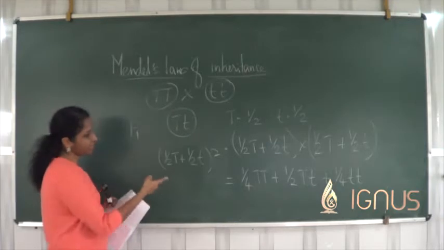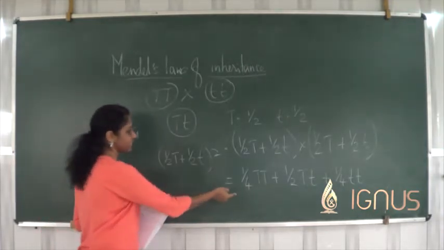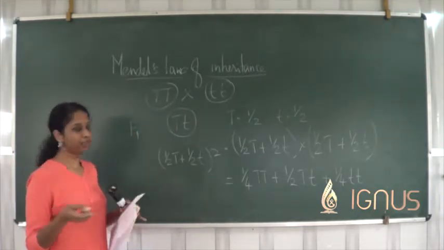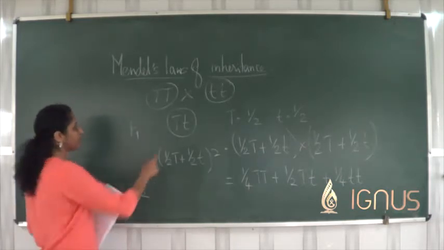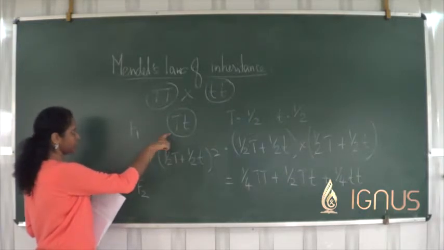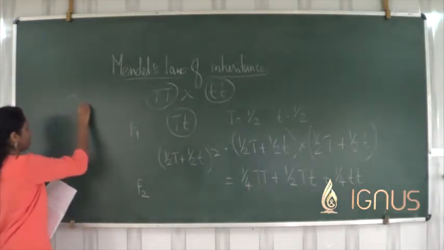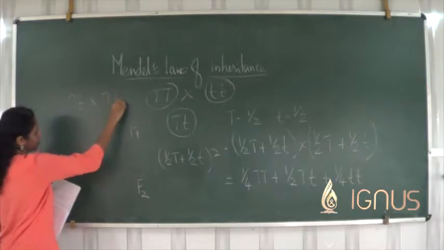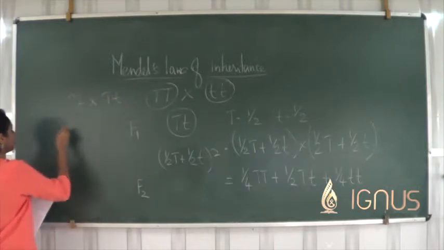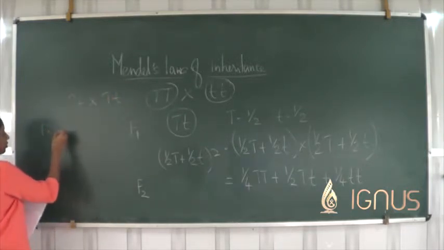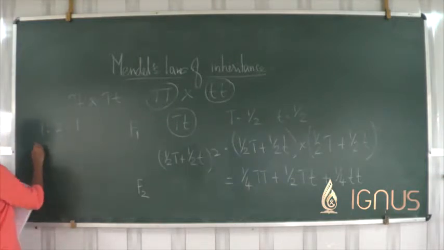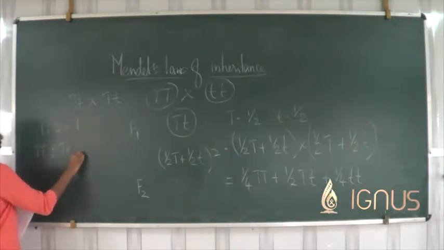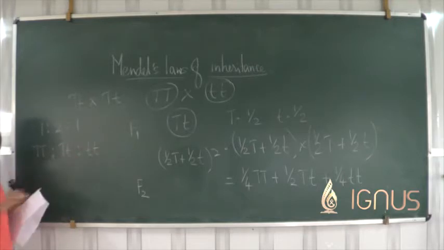Now if you look at the answer that you get, it is the same amount of ratio that you would get for the F2 generation, right? If you're going to self-cross F1 generation, wherein you're crossing heterozygous tall with heterozygous tall, the answer that you would get would be 1:2:1 for the genotypic ratio, which will be homozygous tall is to heterozygous tall is to homozygous dwarf.